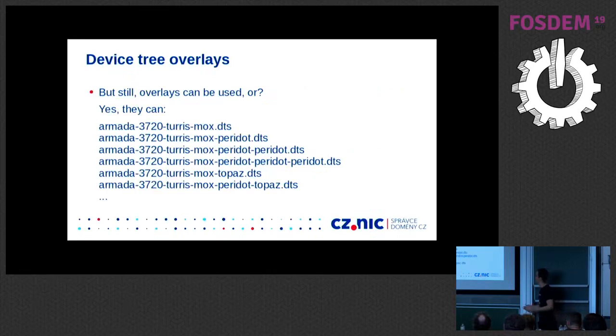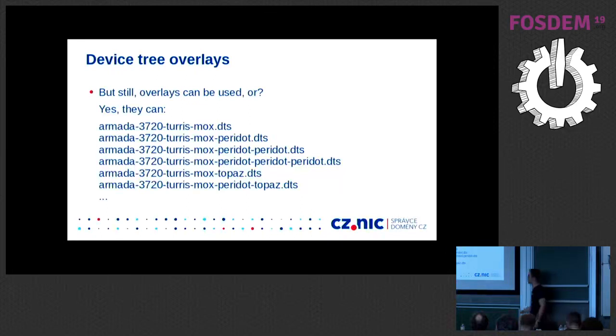Really? At first I actually used device tree overlays, but as you can see, the number of different device tree overlays grows rapidly because each configuration has to have its own overlay.